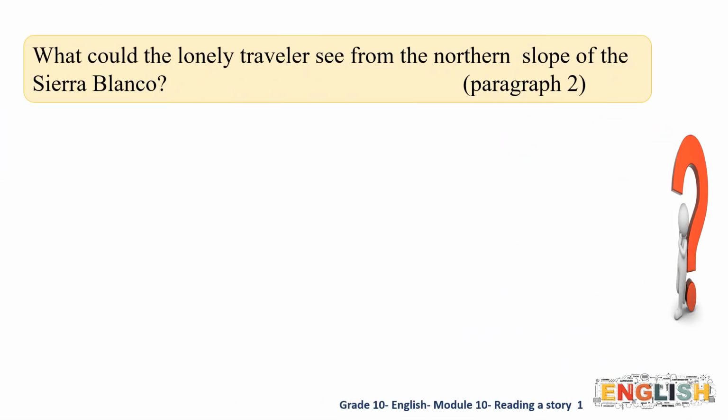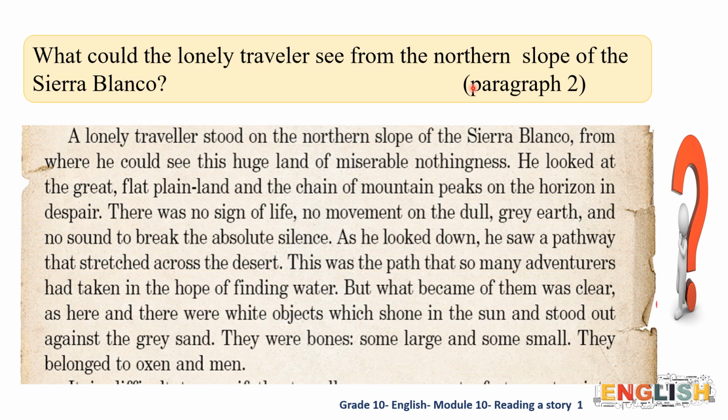Dear students, let's discuss the following questions to make sure you understood the whole story. The first question, what could the lonely traveler see from the northern slope of Sierra Blanco? This is in paragraph 2. Go to paragraph 2, please, and find out the answer. Let's check. What could he see from there?